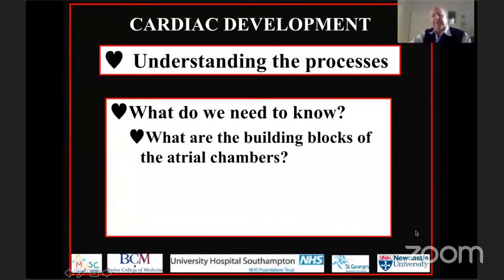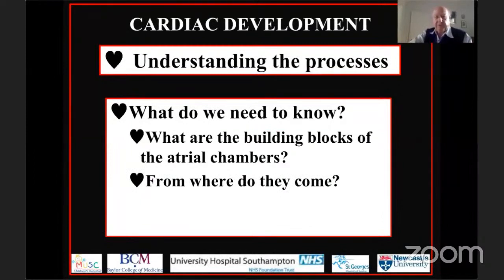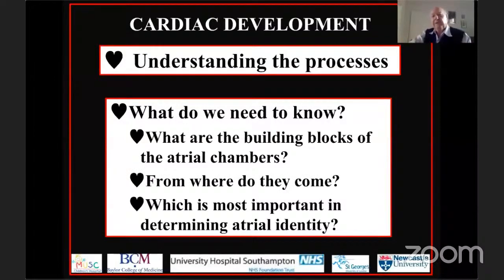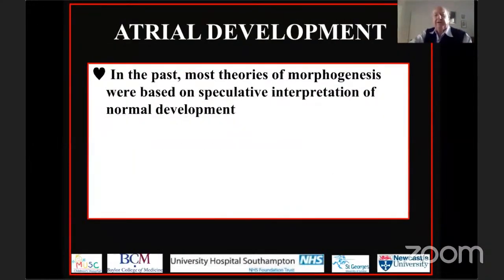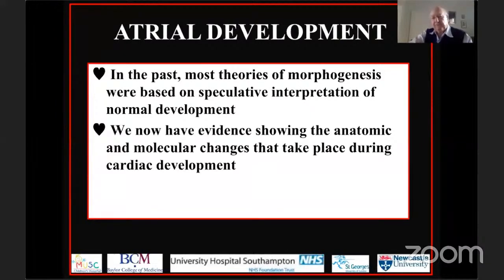Today, we're going to need to know the building blocks of the atrial chambers. Where do they come from? I'm going to concentrate on the part that is most important in determining atrial identity. In our previous session, I pointed out that in the past, we depended very much on speculative interpretations to understand normal development.